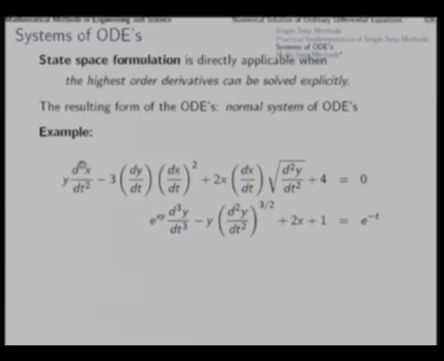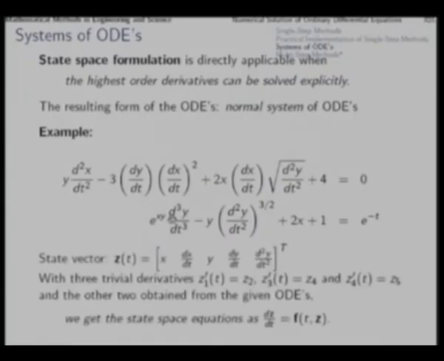So, in the state vector we will have up to dx by dt. In y, we have the third order derivative of y as the highest order derivative. So, the state vector will have y, dy by dt, d2y by dt square, that is up to second order derivative. So, the state vector will be x, dx by dt; the highest order derivative will not appear.